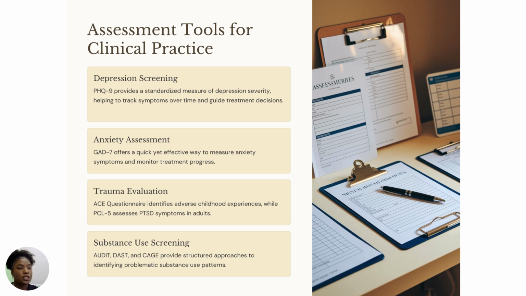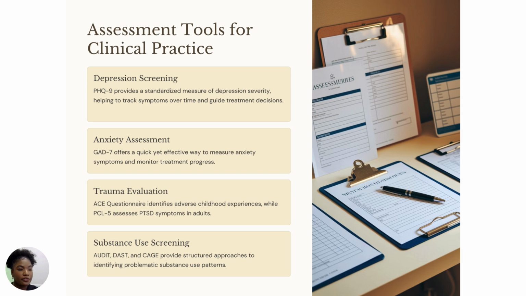Now, we're going to talk about our assessment tools because this is important when you are thinking like a clinician. These are your clinical sidekicks. You do not have to memorize every question on the PHQ-9 or on the GAD-7, but know specifically what each one measures and when to use it.